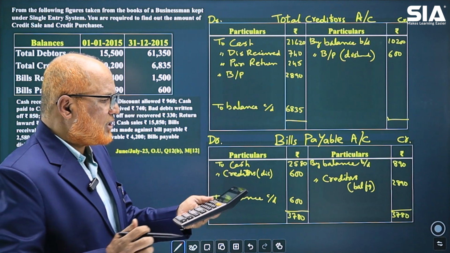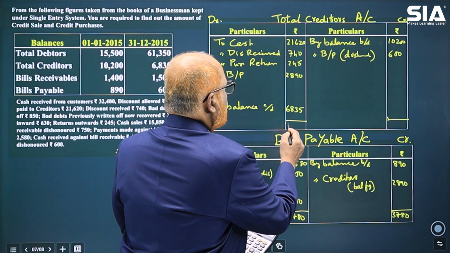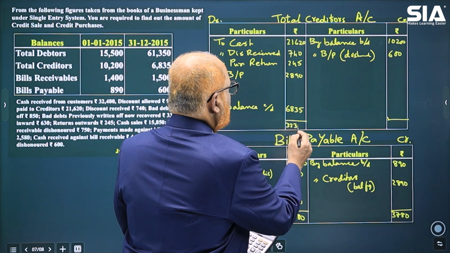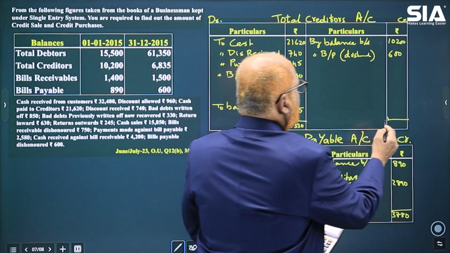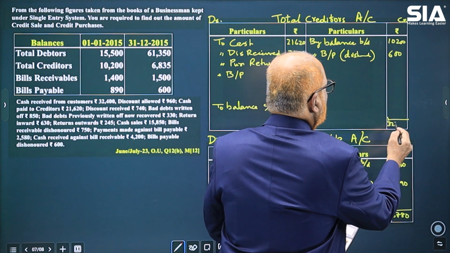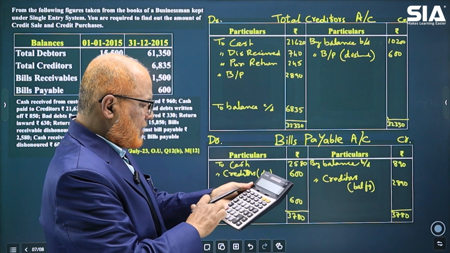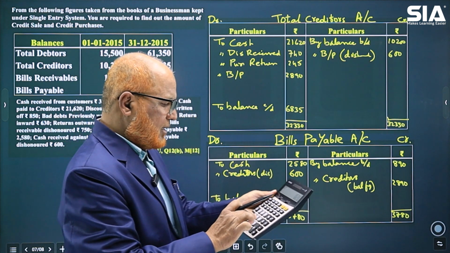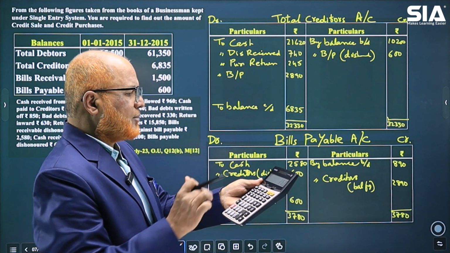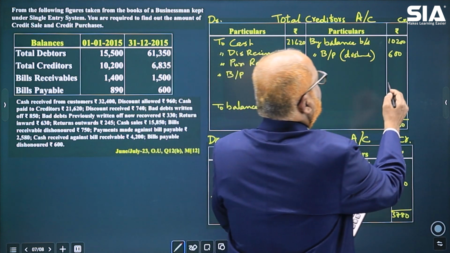It comes to 32,330. Here also 32,330. From this minus 10,200 minus 600, it comes to 21,530.